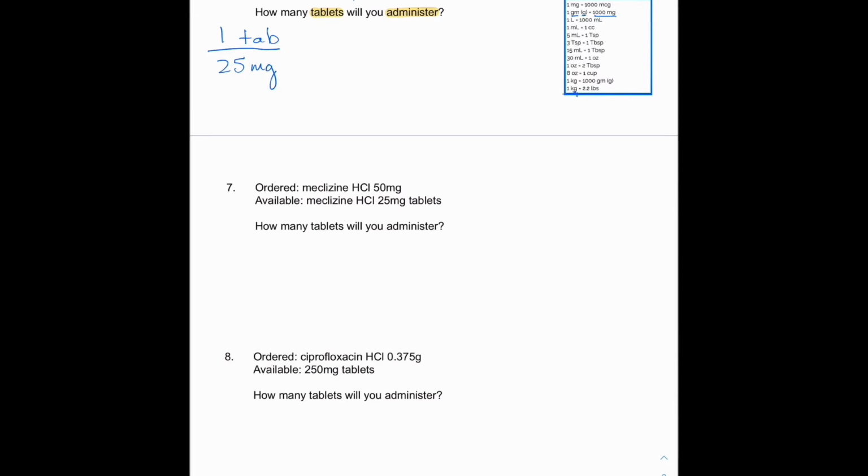And again, our order is already in milligrams, so we don't have to have the extra step over here. So we're just going to plug that straight in, since we want our milligrams to cancel. Put 75 milligrams right there. Let's cancel. So we're done. We can multiply across 75 divided by 25, and that equals 3. Since we have tablets is the only thing left on top, that's our units.